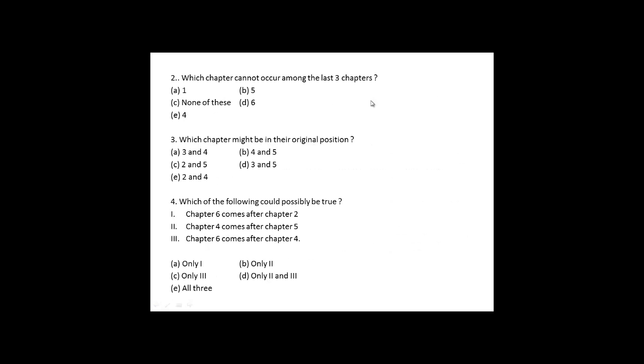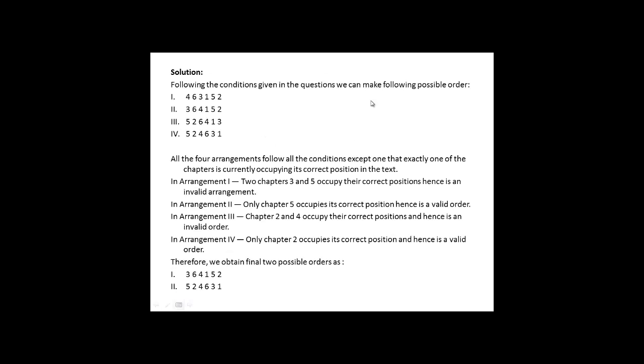The last question for the set, which of the following could possibly be true? Chapter 6 comes after chapter 2, chapter 4 comes after chapter 5, chapter 6 comes after chapter 4. Now let's look at the possibilities over here.